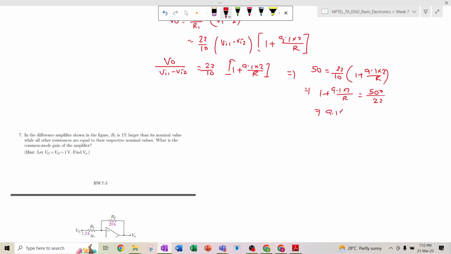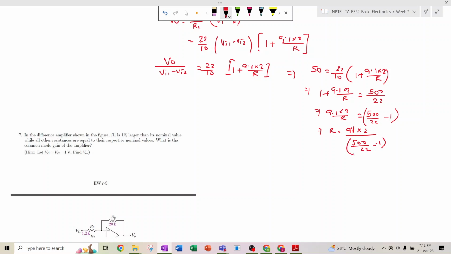So 9.1 into 2 by R is 500 by 22 minus 1, and R will be 9.1 into 2 divided by 500 by 22 minus 1.